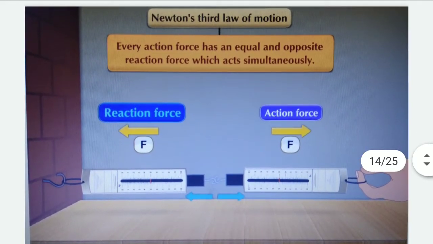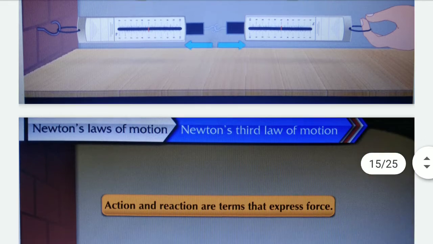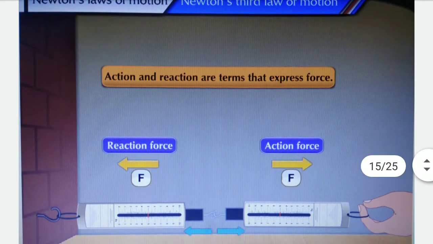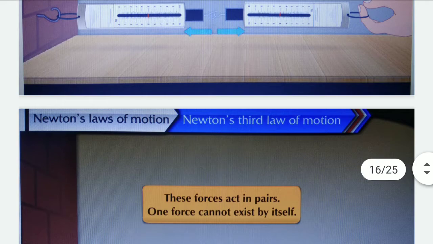What is Newton's third law of motion? Every action force has an equal and opposite reaction force which acts simultaneously. F is the action force on the right side and F, the reaction force, is on the left side. Action and reaction are the terms that express force.